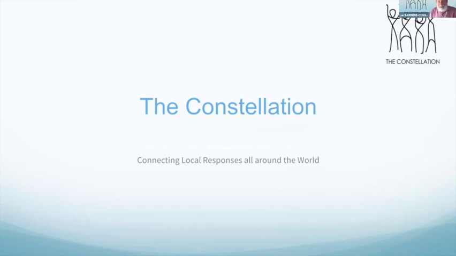And as they connect with each other to learn and share, they create an assembly of stars, which is a constellation. That's why we have called our organization the constellation itself. So what is the constellation, in fact?